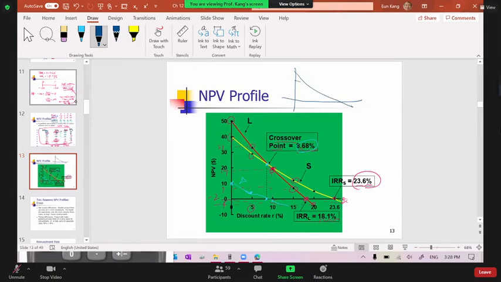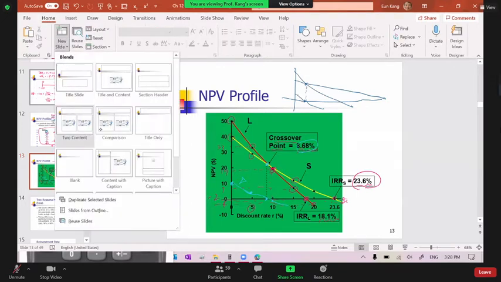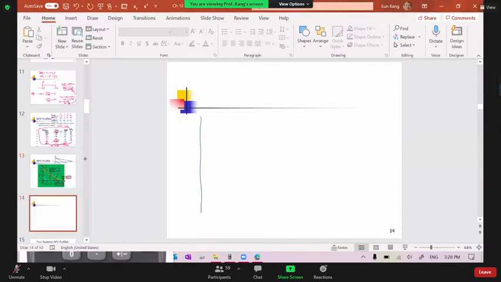L and S, like let's say, okay. Then what? I told you that this crossover point is the same as the crossover point of the delta project. So it has to be right below this crossover point, but in the exam or homework, some people draw like this and this. Then this one right below, this one is the delta project's crossover point.